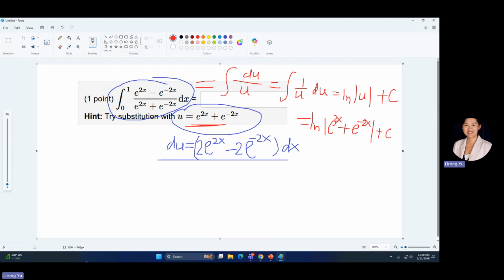See the dot. We divide this side by 2 and divide this by 2.